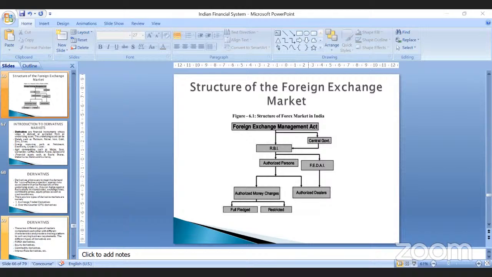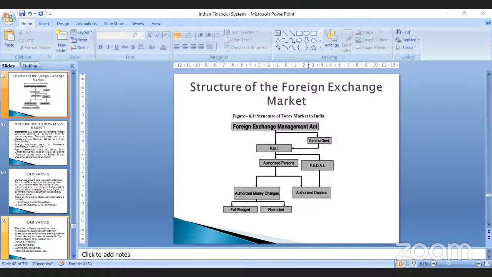Apart from that, financial institutions like Exim Bank come into category 3. So only these banks, commercial banks, private banks, public sector banks, regional rural banks, cooperative banks, and Exim Bank, get the authorized dealership through the Reserve Bank of India to deal with foreign exchange reserves.